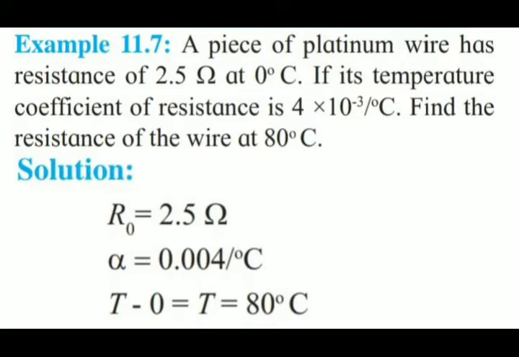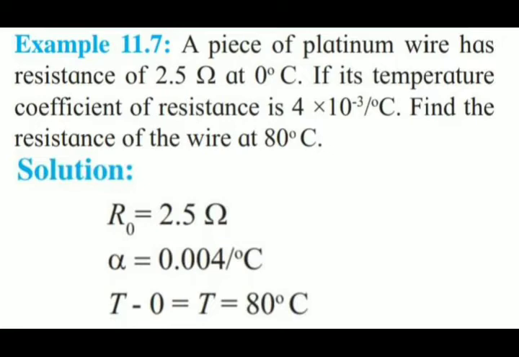Now find the resistance of the wire at 80 degree. Now see, T, the final temperature, is given as 80 degree, and if we have to find the change in temperature, it is nothing but the final value minus the initial value, that is 80 minus 0.